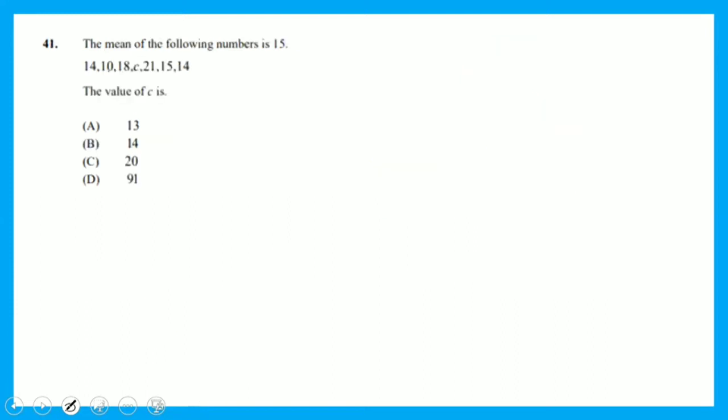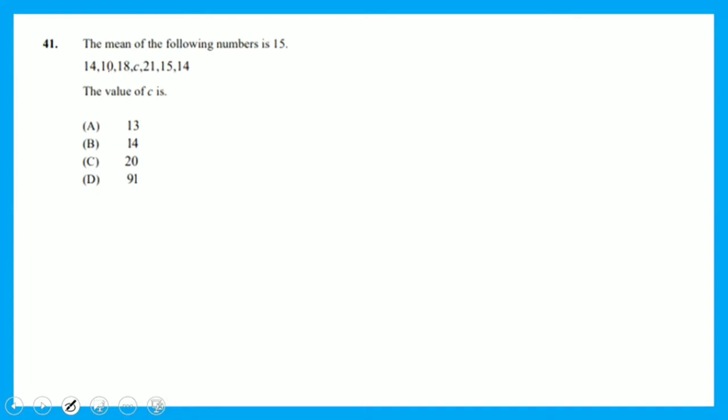Number 41, the mean of the following numbers is 15, and we're given the numbers with one of them being a variable. We're supposed to find the value of that letter C. Once you hear mean, you're going to think average. It's just another word for average. How do we find average?